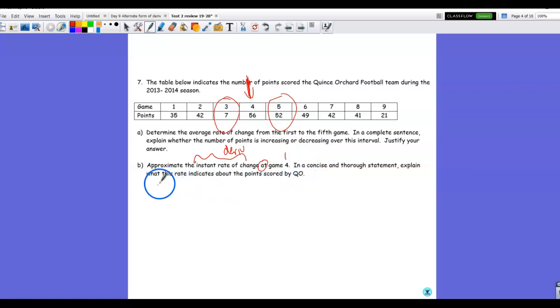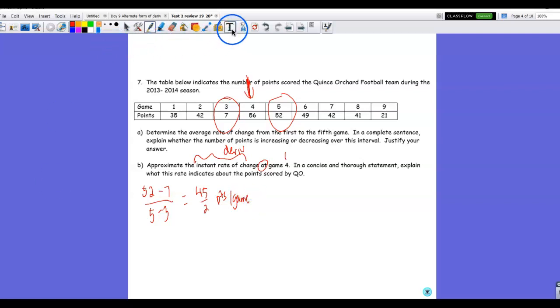It's very important that you write up the 52 minus 7 over 5 minus 3. Make sure that you show the difference quotient, very important for the AP test if it's a show your work problem. And so that's going to be 45 over 2, and that's points per game.